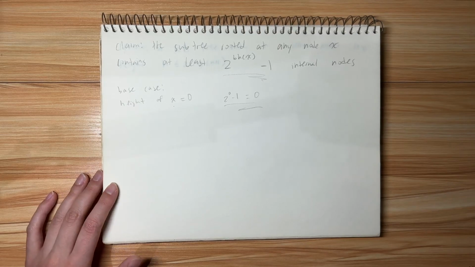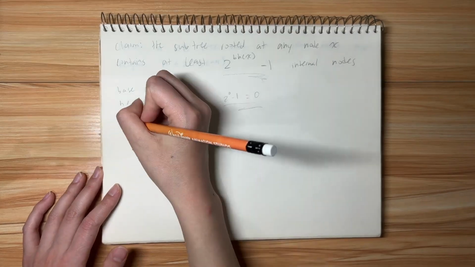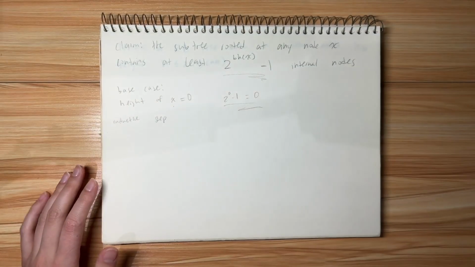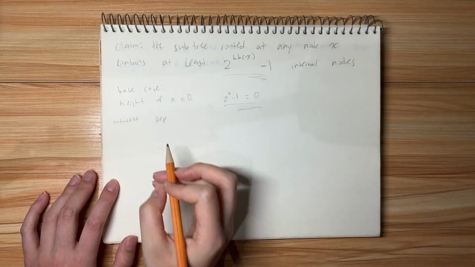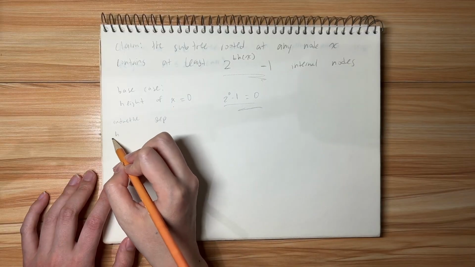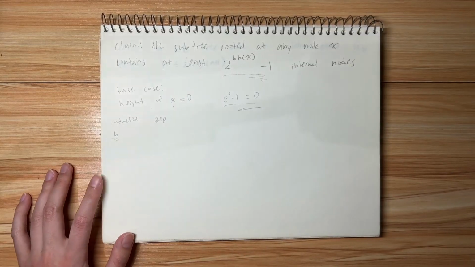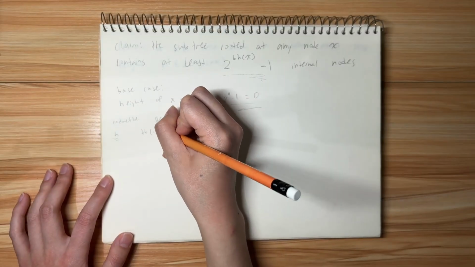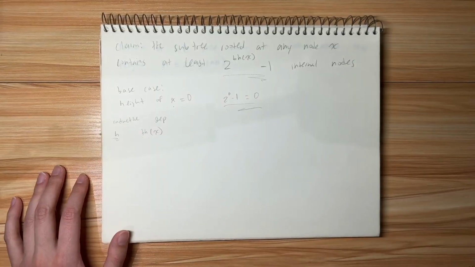Now, going to the inductive step, again, let's suppose the height is this h variable. So the black height will just be bh of x.